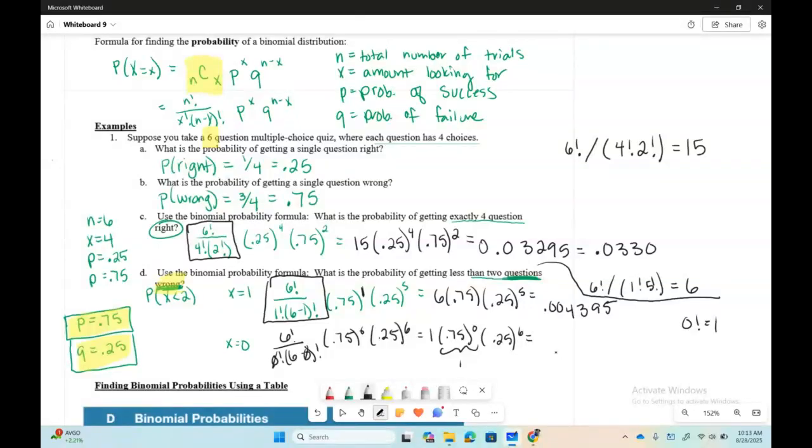When I do all this, I get 0.000244. I've got to add these two things together to find the final answer. So I have 0.0046 for my final answer for this question.